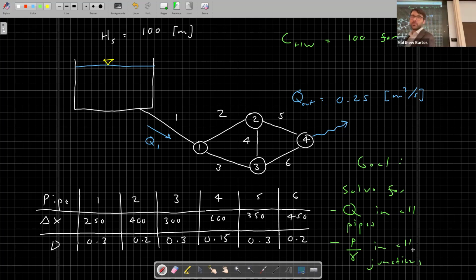Okay, so what is our general approach for solving pipe network problems? What do you remember from the last class session? There's two basic rules we're going to apply. Yes. Exactly right.